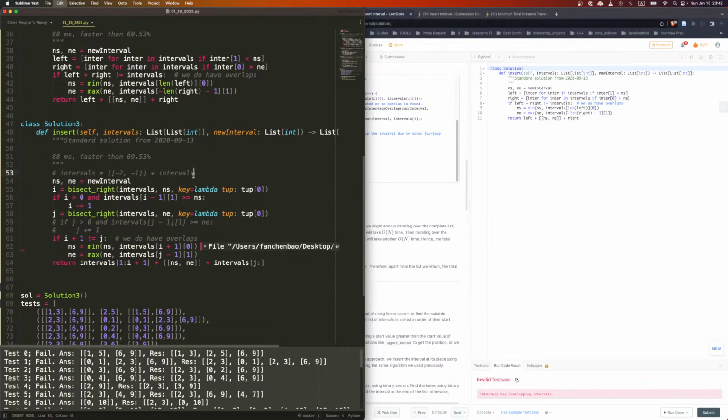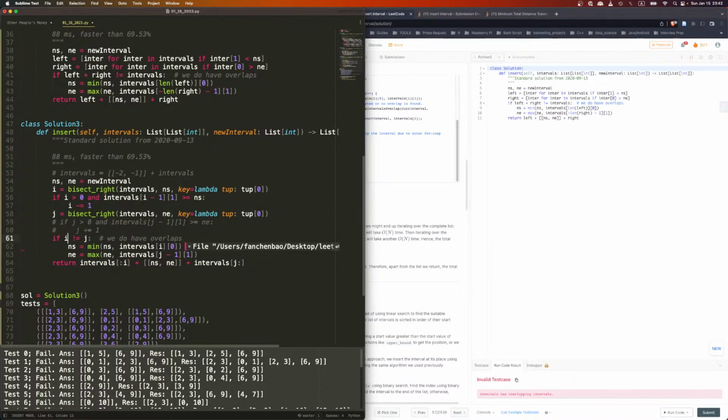Hold on. I think this is I, because what we say, we want to make I, okay, let's just do I as the first overlapping position. If I is the first overlapping position, then it should be I not equal to j, right?